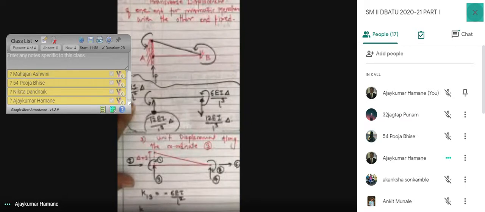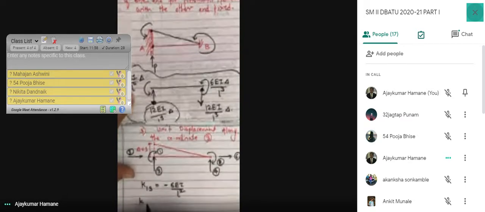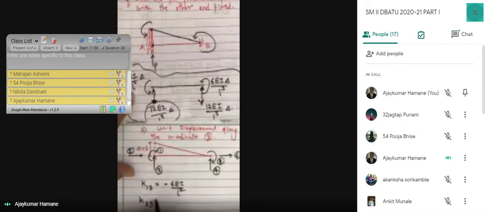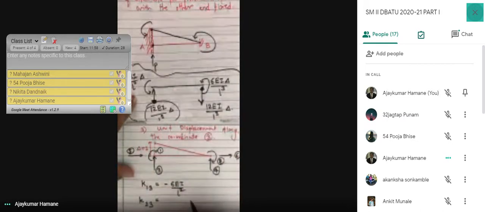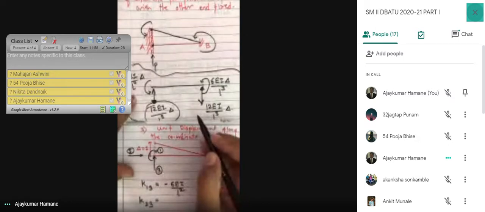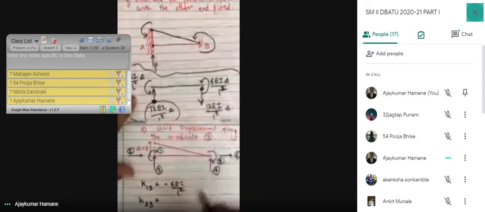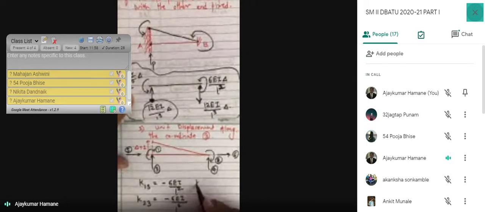Okay, and what is K23? Here also it is anti-clockwise, same moment, anti-clockwise, minus 6EI by L square. What is K33?